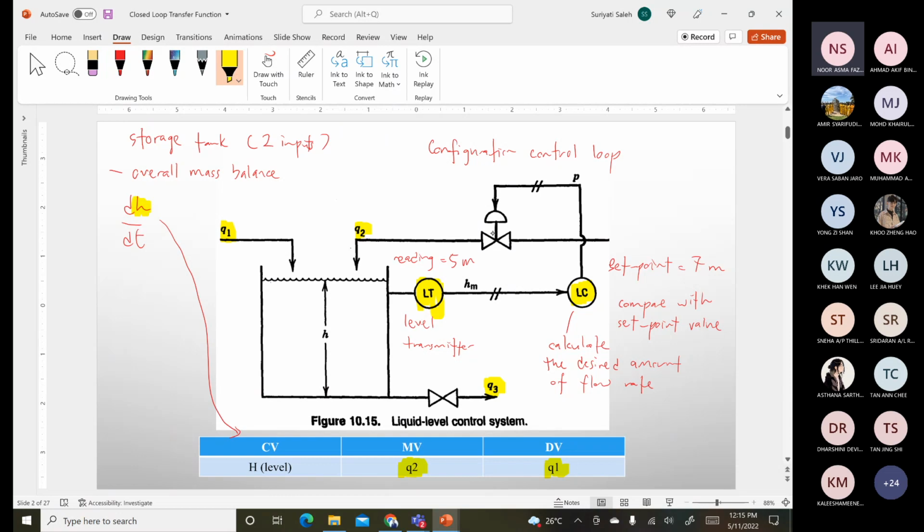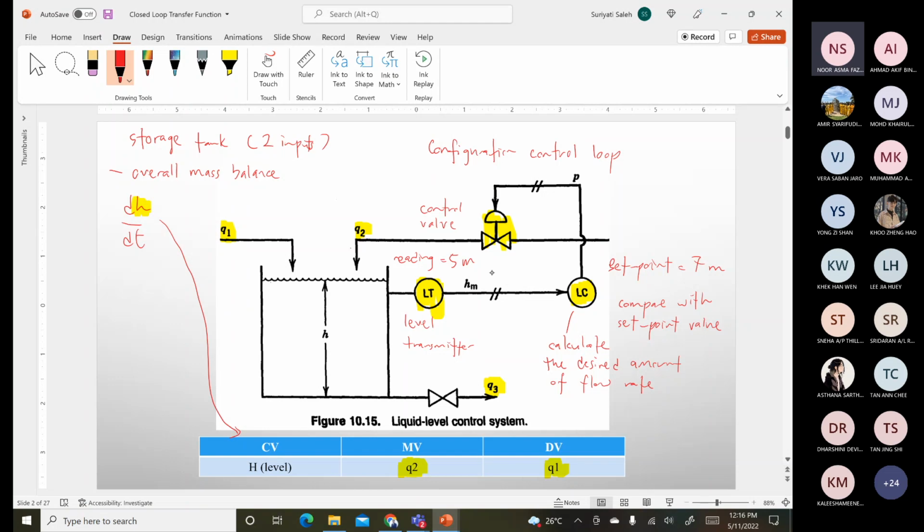So this is your control valve. The valve will open in order to increase the flow rate coming into the system. Once it is coming into the system, the level transmitter will take a reading again to check the current level.